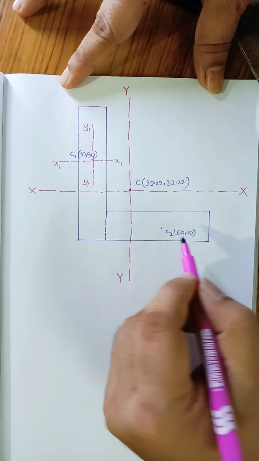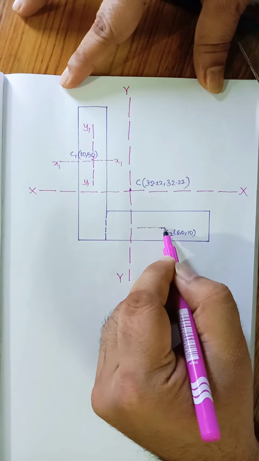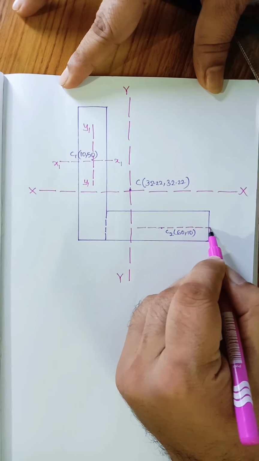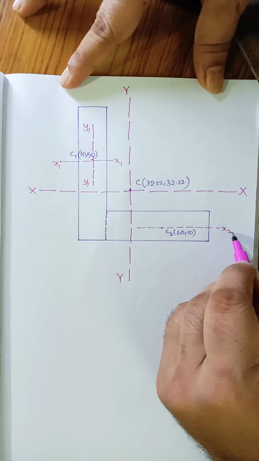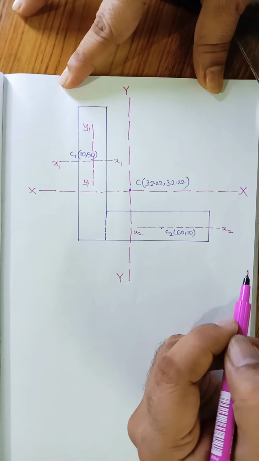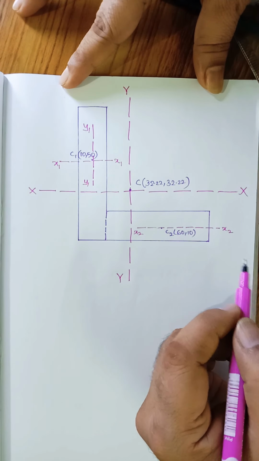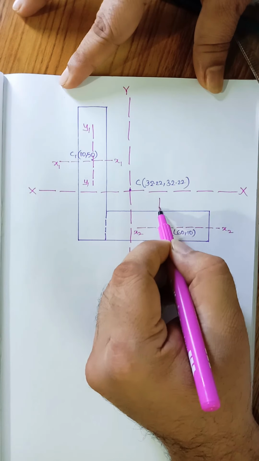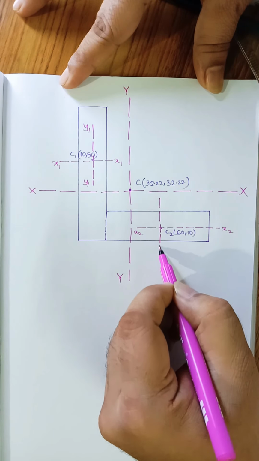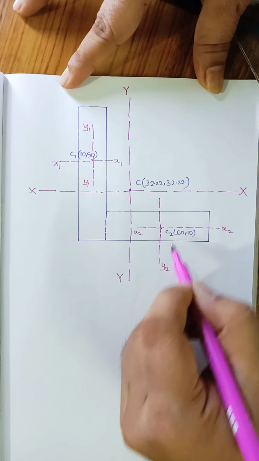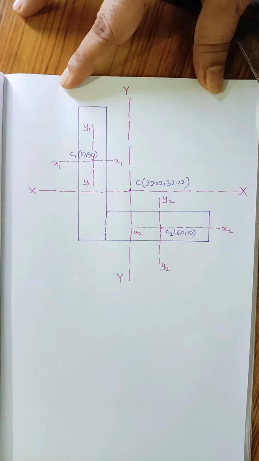Similarly, for the second rectangle, if I draw a horizontal axis which is passing through the centroid C2, that can be designated as x2 and x2, which can be called as centroidal x-axis for the second rectangle. And similarly, when I draw a vertical line which is passing through C2, you can call that one as y2 and y2, which are centroidal x-axis and centroidal y-axis for the divided rectangles 1 and 2.